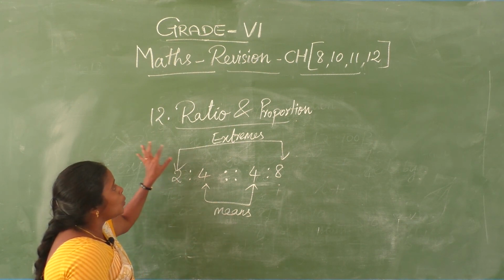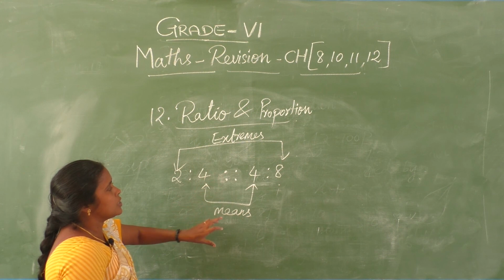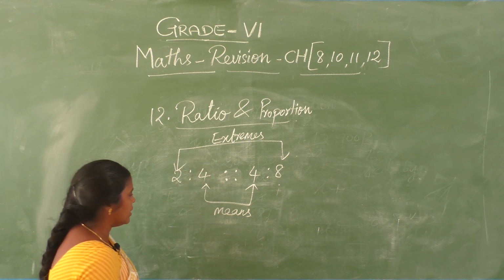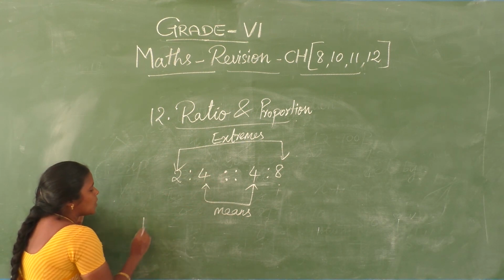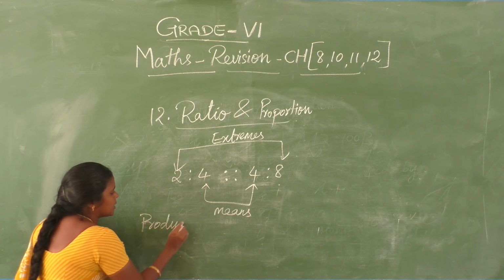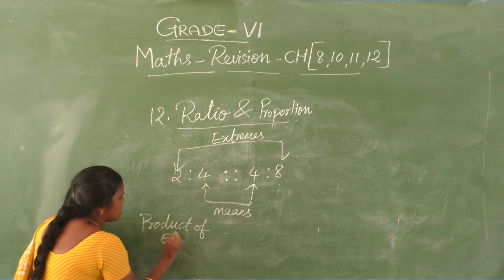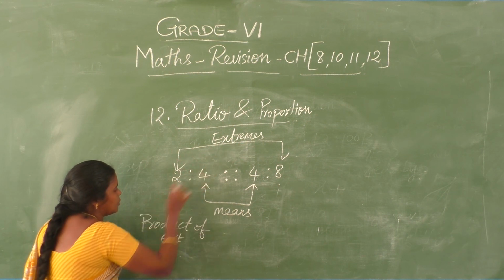Clear? Now how to check whether the given ratios are in proportion or not? For that there is a formula: product of extremes equals product of means. The product of extremes means the first and fourth terms. Check whether the products come out equal.